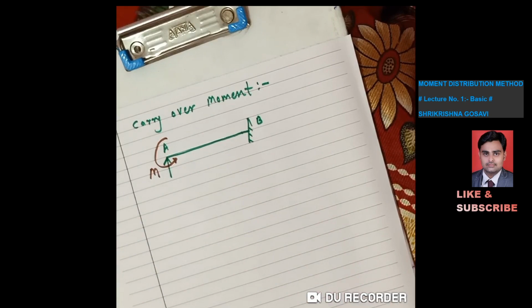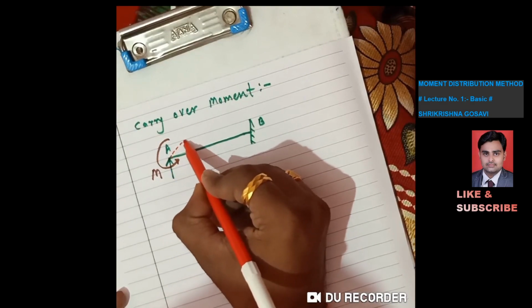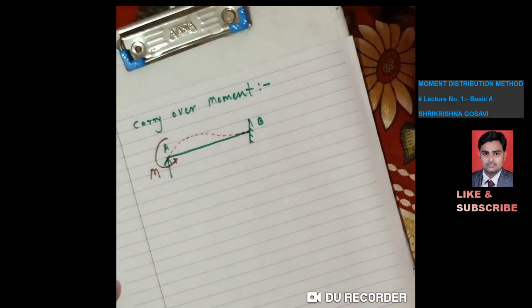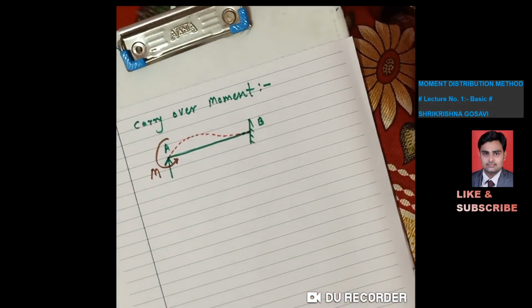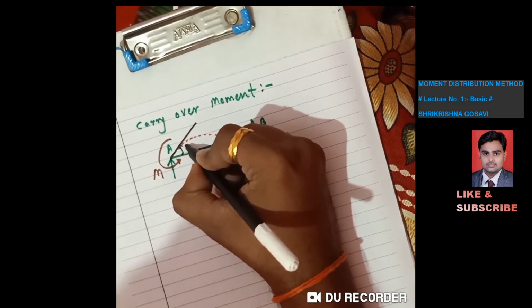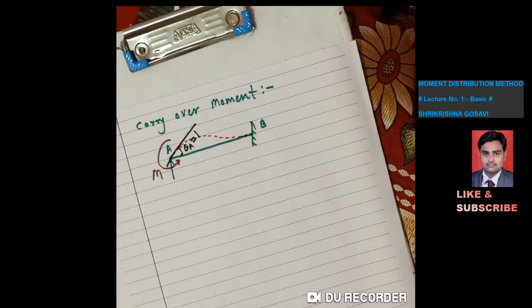And this moment M is applied in such a way that the deflected shape of the beam will be like this. If I draw a tangent to this beam at point A, this angle will be theta. So this moment is applied in such a way that theta must be equal to 1.